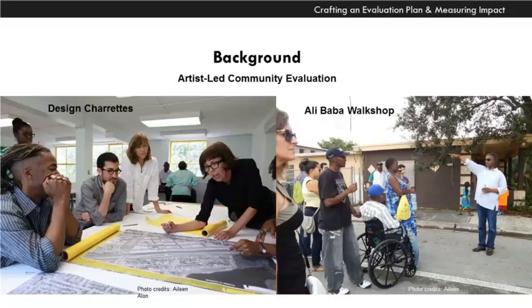Before we actually jumped into the creative placemaking work, we wanted to take a step back and, from an artist-driven lens that definitely included the community, do a self-evaluation of Opa-locka to really see what our challenges and opportunities were.